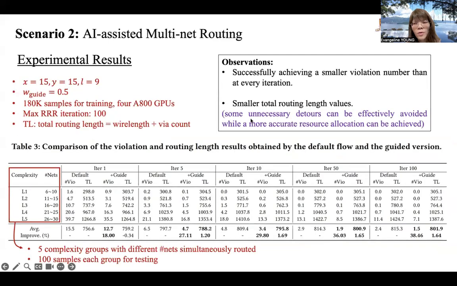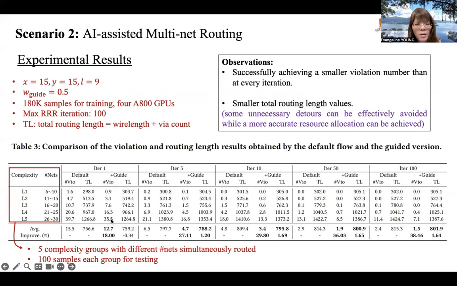Okay, so here are some of the results. We also divide the scenarios into multiple complexity levels depending on the number of nets we are routing simultaneously. You can see different iterations compared with the popular A-star search. This is without guide, this is with guide. You can see that the number of violations and the total wire length are improving.